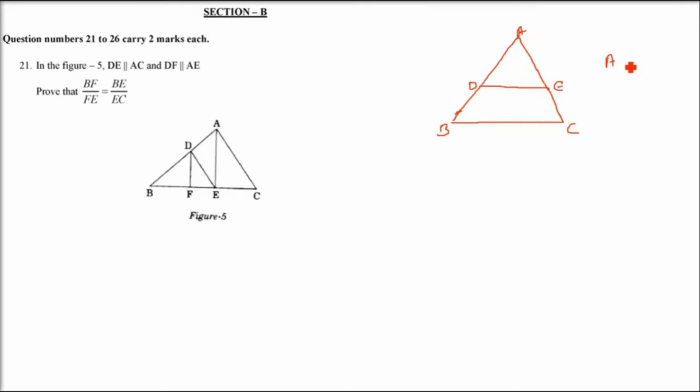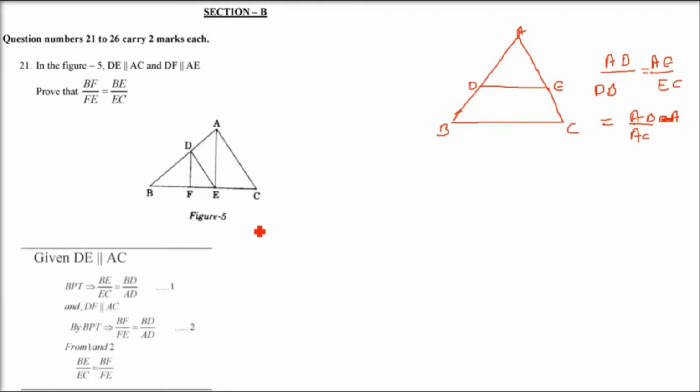So AD by DB equals AE by EC, and this is also equal to AB by AC. We are taking the ratio of the corresponding parts this line has cut. Same concept we are going to apply here.